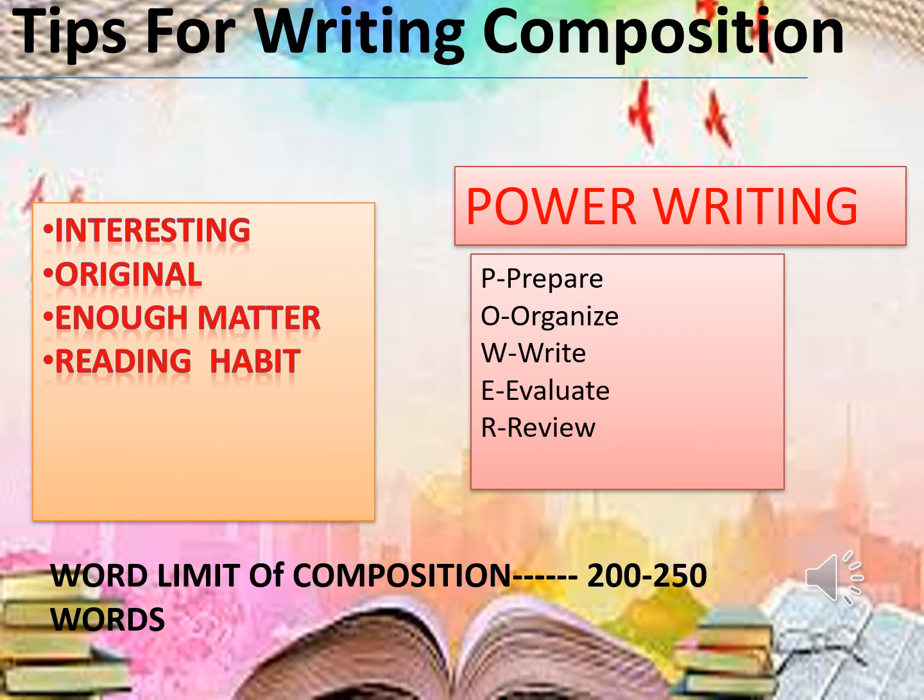And then you can evaluate your work by correcting your mistakes in terms of vocabulary, punctuation, and sentence formation. The most important part of writing is review, which means revision or proofreading. So, this is the final stage to write any effective composition.